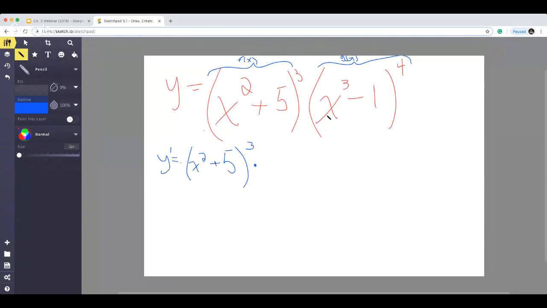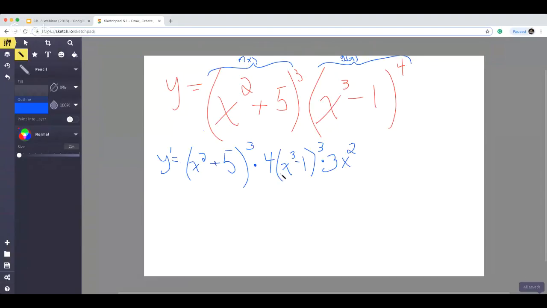That's like an x to the fourth function. But then inside that, we have a cubic function. So we take the derivative of the big function: we bring the 4 in front, and then it's x cubed minus 1 to the third. Lower that by 1, but then times chain rule, the derivative inside, 3x squared.